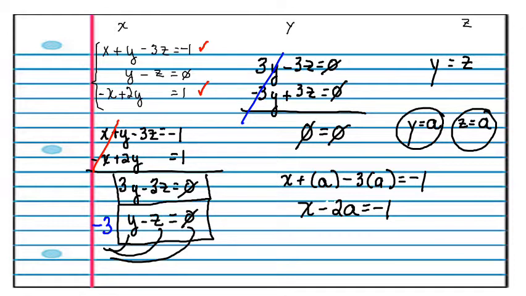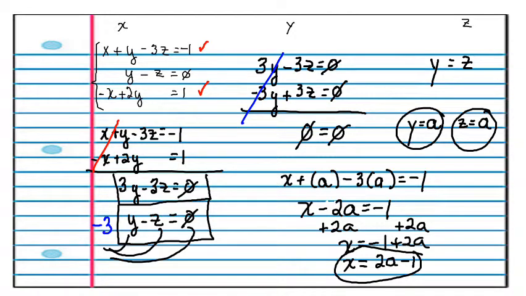And to find x, I'm just going to move the 2a, so I'm going to add 2a and add 2a. And so we get x equals the negative 1 plus 2a. Or to make it a little more friendly, we'll just move things around so the negative's not sitting up front, 2a minus 1.